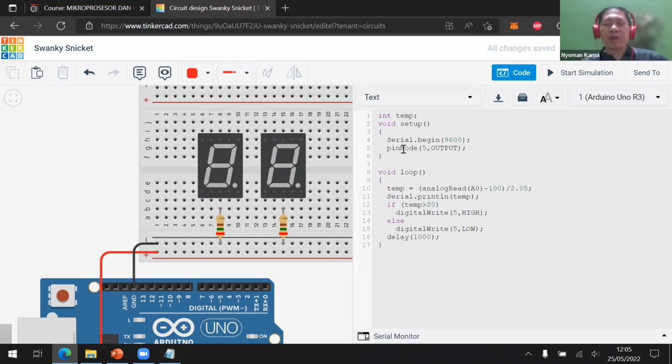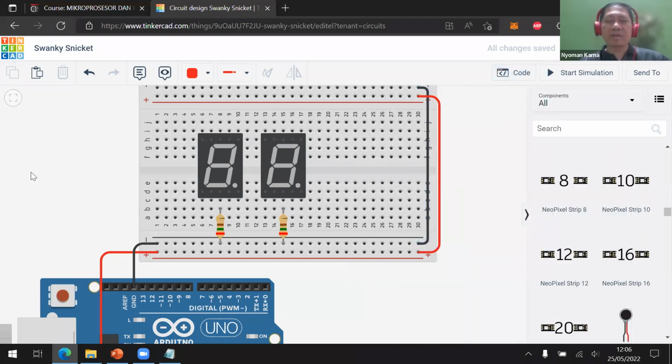Okay. Now, because we only have 11 ports, there will not be enough to turn on 2 7 segments. So that means we need to do something to minimize the need of cables.